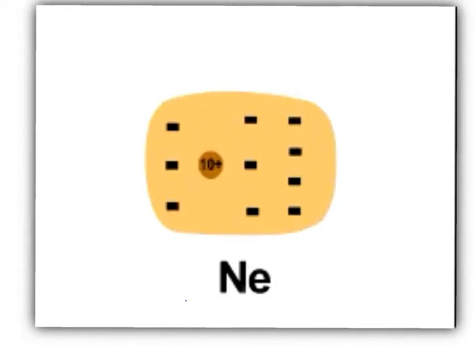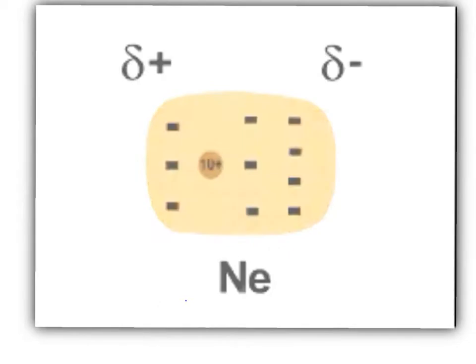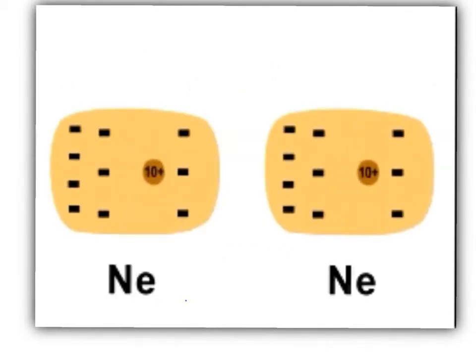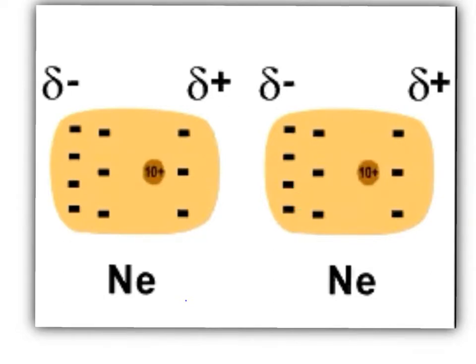Electrons in an atom are in constant motion, but at some point in time there are more electrons on one side, creating delta negative and delta positive charges on both sides. So this side now, just for a split second, was slightly negative. This side becomes slightly positive, this side becomes slightly negative, and this side becomes slightly positive, and you result in a London force being in the middle over there, which is a very weak electrostatic force.